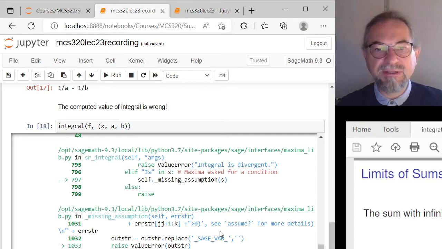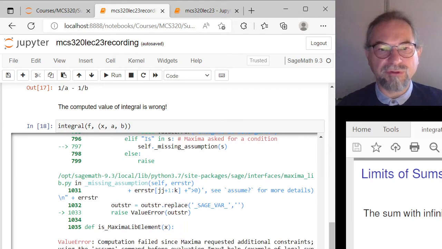So I will indicate now how you can ask Sage for a good result, and that's by using the assume. So here the summary is interesting.